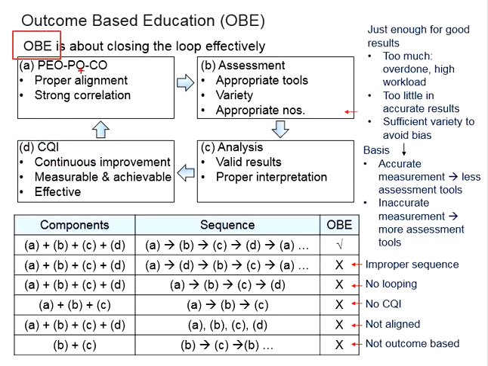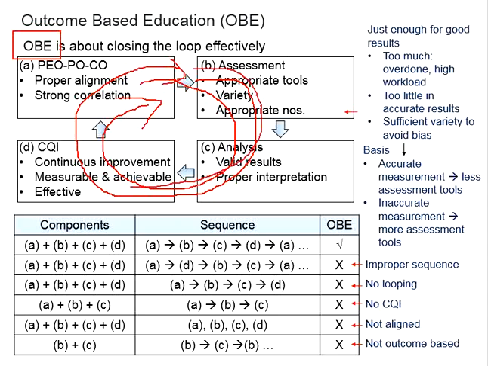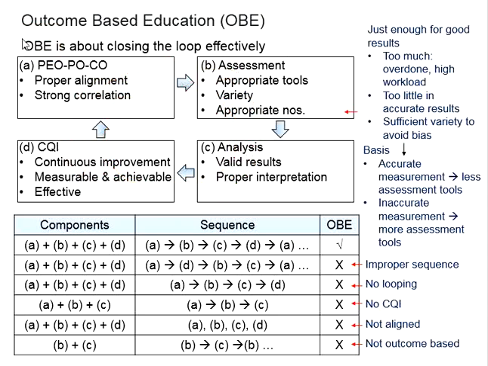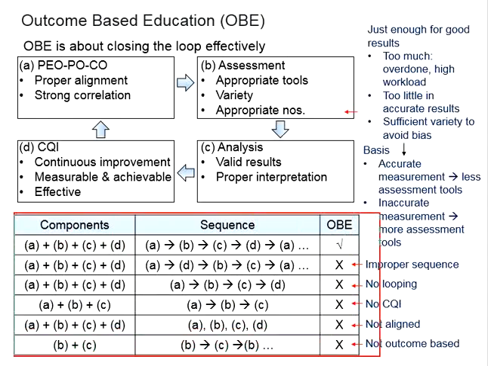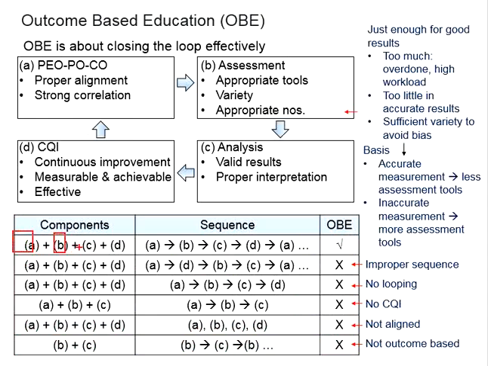Now for OBE, we are talking about having the entire loop complete and proceeding with the second round, and so on. It should be continuous. To further elaborate on this, you may refer to the table here. We have A, B, C, and D here, representing the four components.